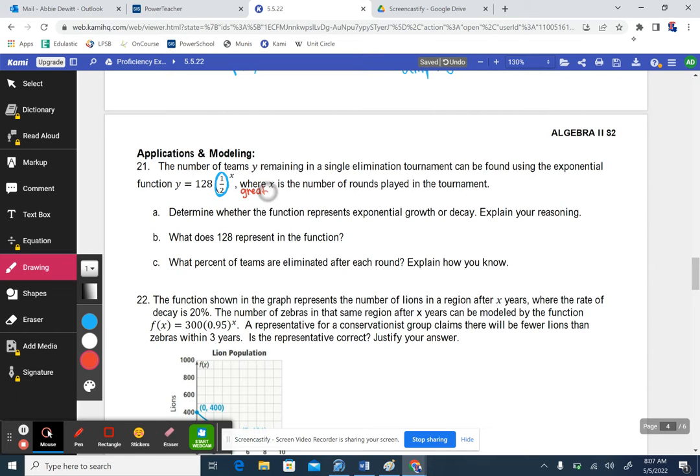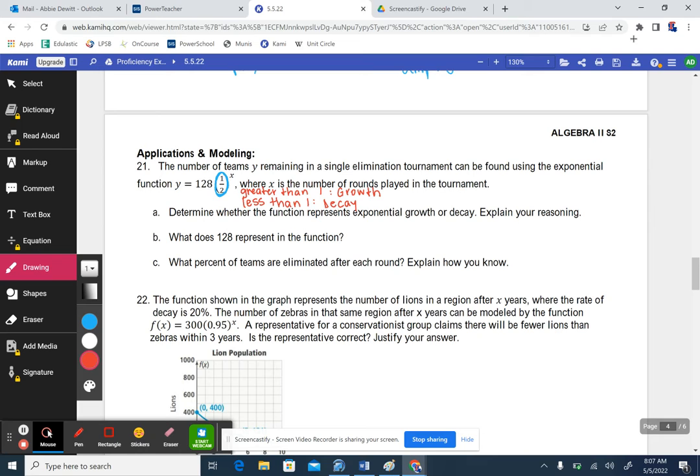If that number is greater than 1, it's a growth. If that number is less than 1, it is a decay.